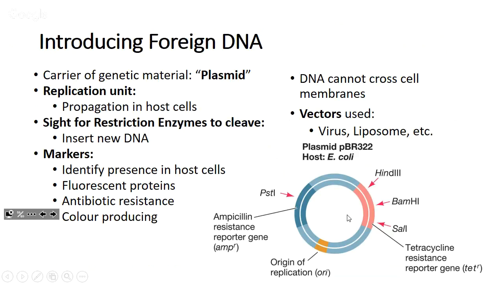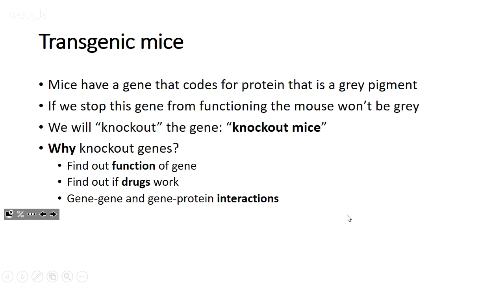If the DNA that you introduced to a microbe codes for some sort of antibiotic resistant protein, what that means is when you throw an antibiotic at a culture, only the microbes that have successfully introduced the foreign DNA to their genotype are going to survive. Or you can have a color-producing protein inside your plasmid, which is quite obvious. You can just eyeball it to see if it works.